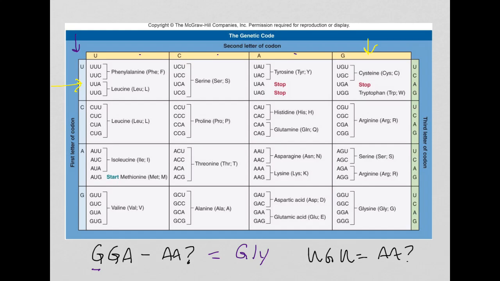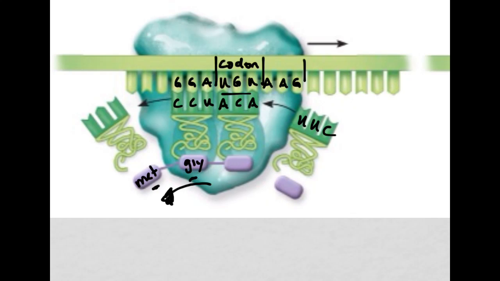Okay, so U, G, U. So we know it's going to be in this box, and there's UGU, cysteine. Okay, CYS. So let's go back, and we know that this is going to be CYS.